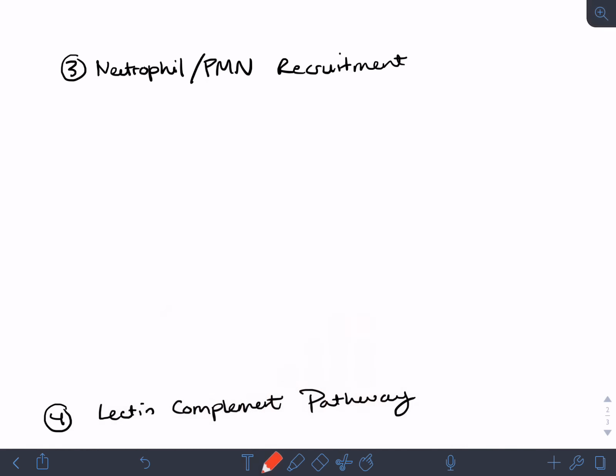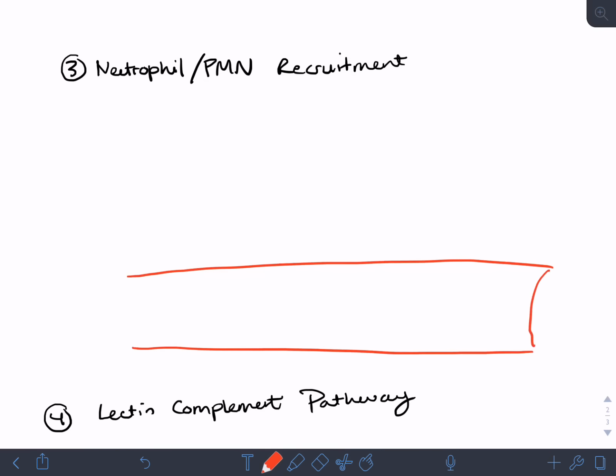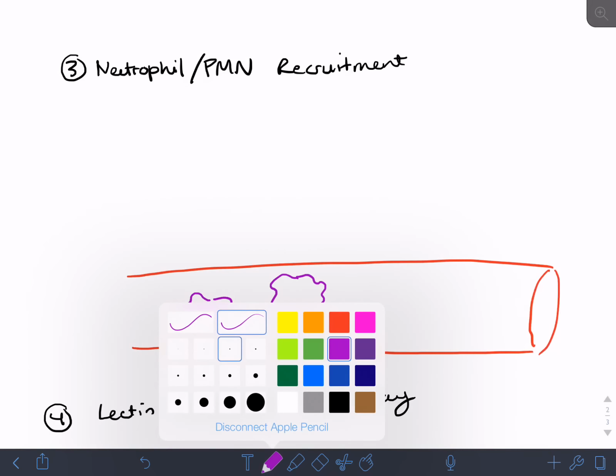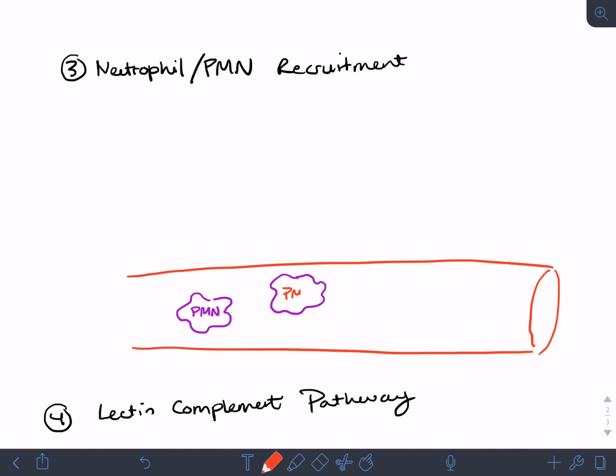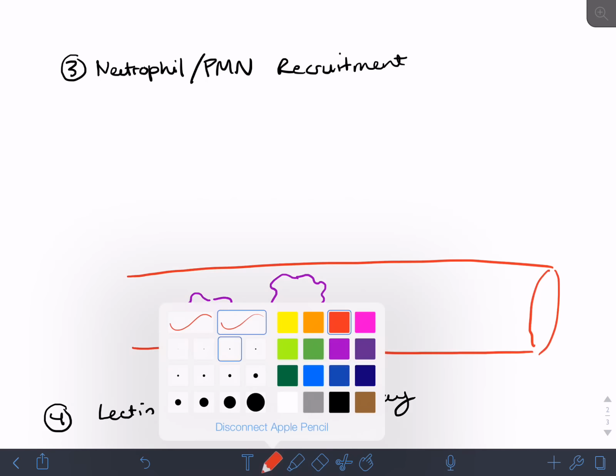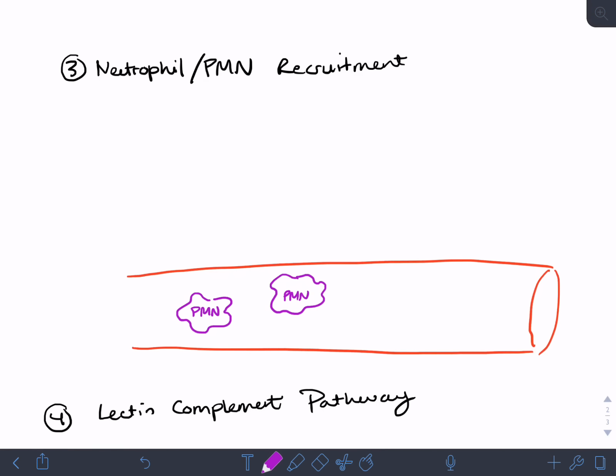So the neutrophil or PMN recruitment. What's going to happen is you're going to have a blood vessel, and along your blood vessel, part of your blood are going to be these neutrophils, PMN. Now the first thing that's going to happen is the lining of your blood vessels is going to increase its expression of two proteins.